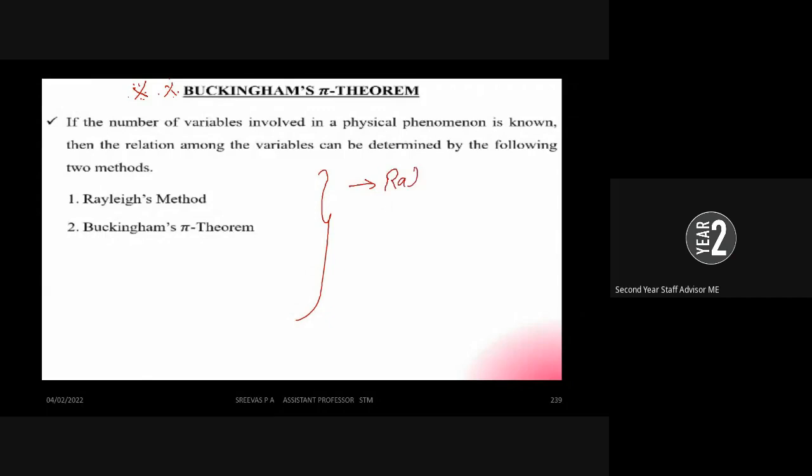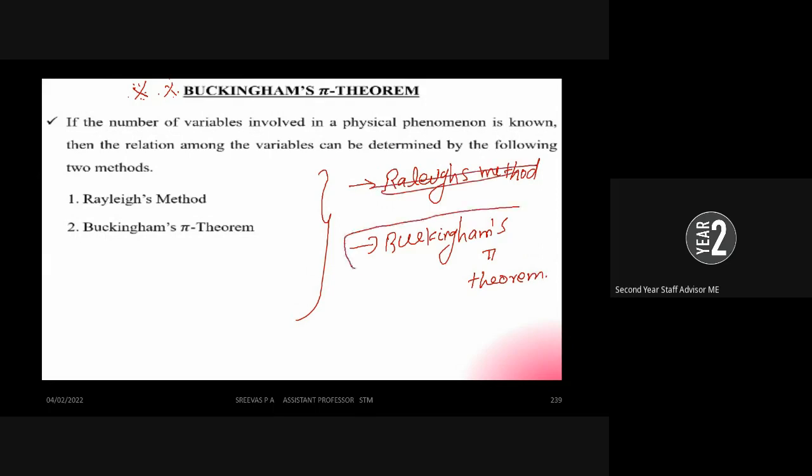First one is Rayleigh's method, and second one is this Buckingham's Pi Theorem. In your 2019 scheme, Rayleigh's method is eliminated. So you are very lucky people. You have to study only Buckingham's Pi Theorem.